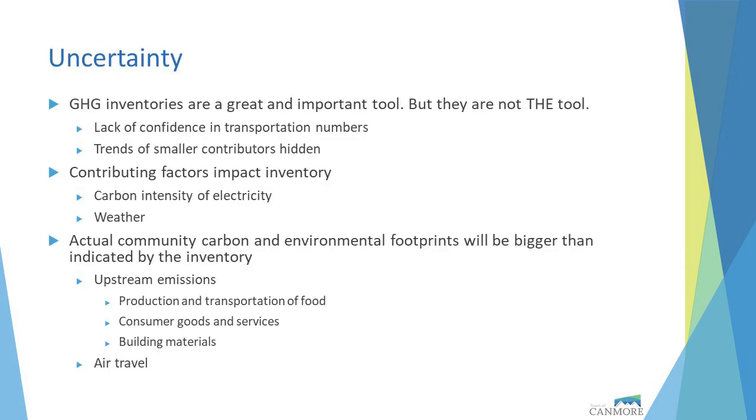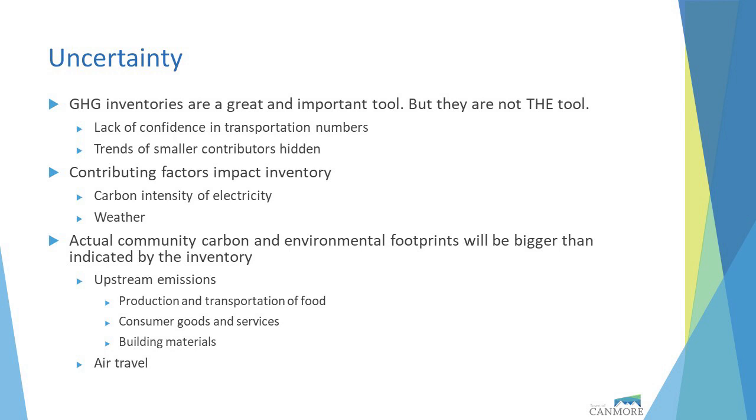But I also want to flag that there are some limitations with the GHG inventory for us. It's really important, but it's not the only tool, and we need to be considering other factors and reporting on other things at the same time.